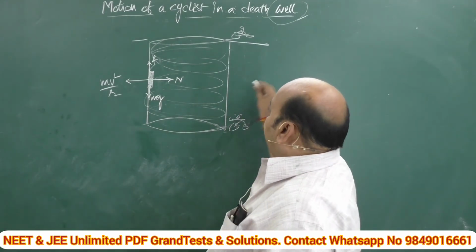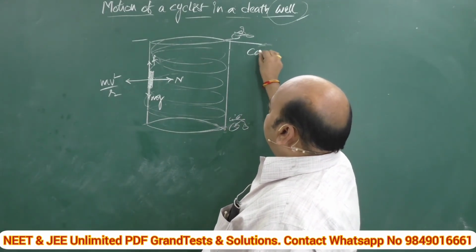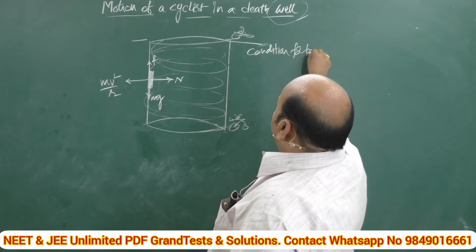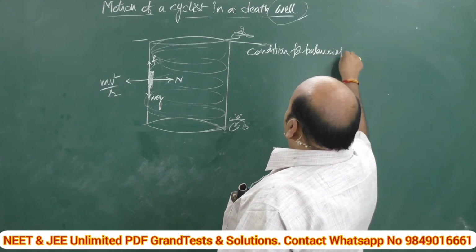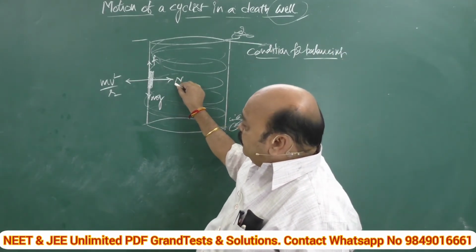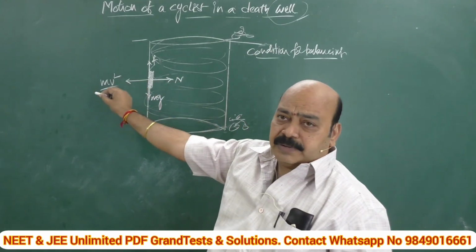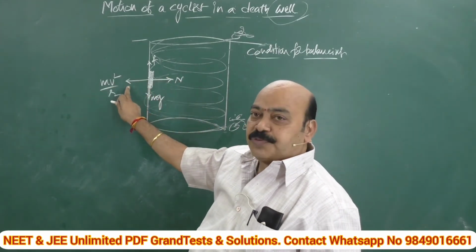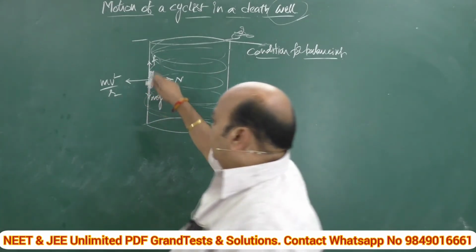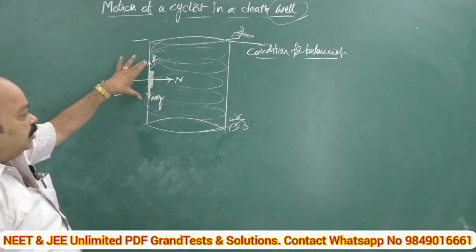Now see, what is the condition for balancing? Here, the normal reaction provides the necessary centripetal force, N is equal to mv square by r. Whenever you need, you can use this. Whereas the upward and downward forces are balanced by the frictional force.